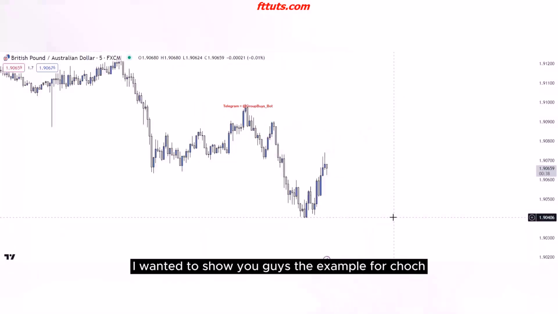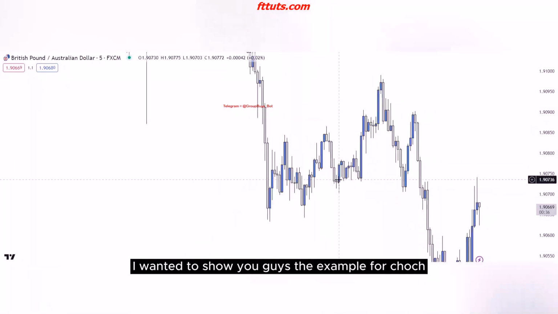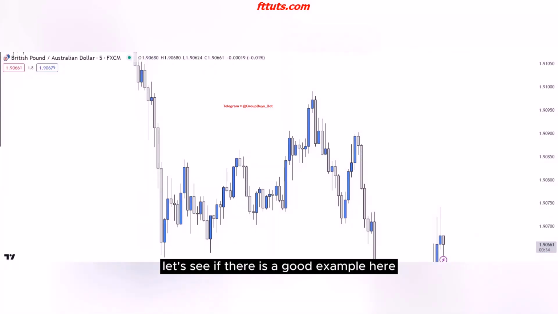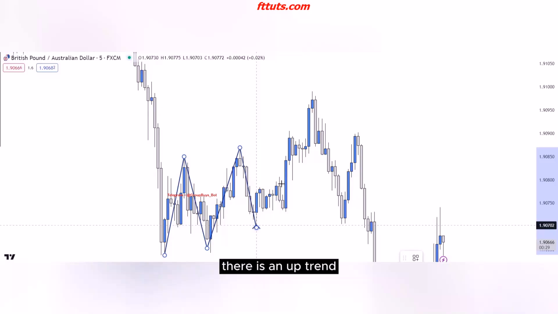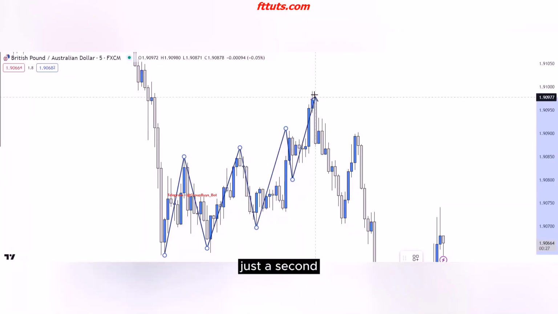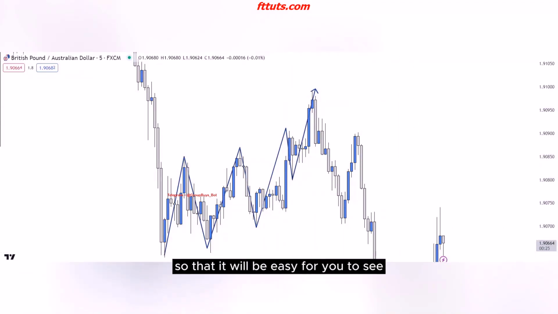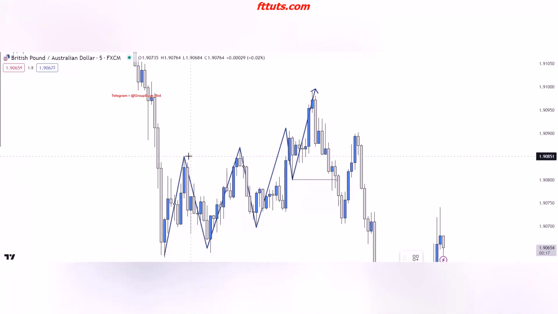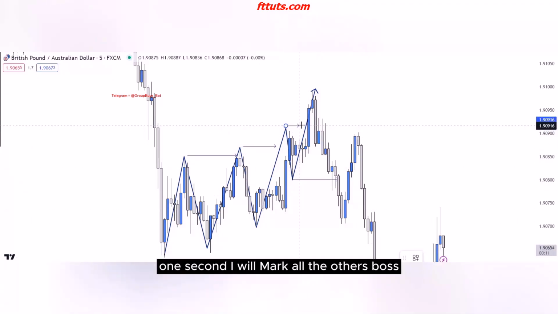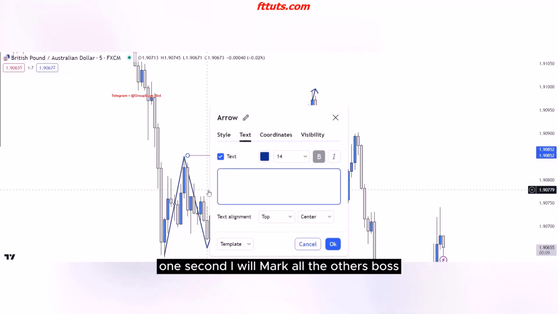I wanted to show you guys an example of CHOCH. Let's see if there is a good example here. So as you can see, there is an uptrend. Just a second, I want to mark it for you so that it will be easy for you to see. Our trend is changing. One second, I will mark all the others.